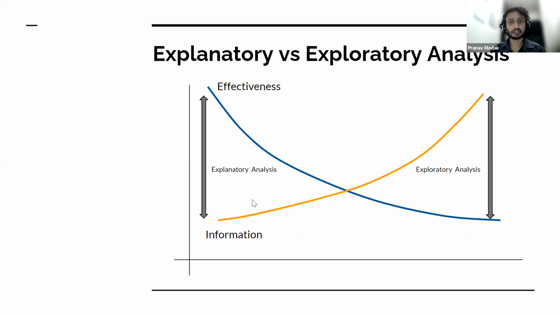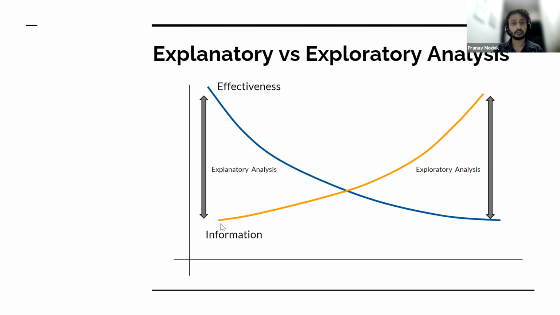So here's a very simple chart that shows the correlation between the information that you present on a dashboard and the effectiveness. If you look on the left-hand side, when you have less information and you're very effective with what the dashboard is doing, like people are getting insights, there's a call to action, it comes under the category of explanatory analysis.